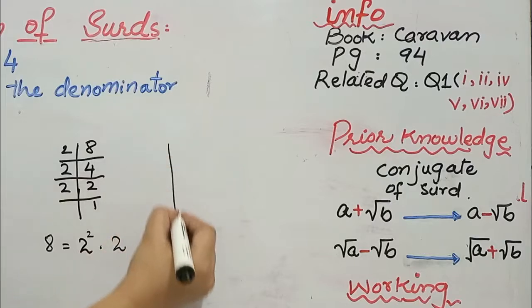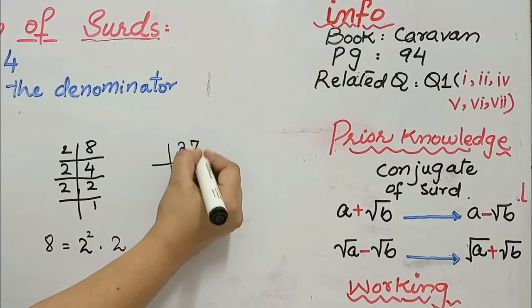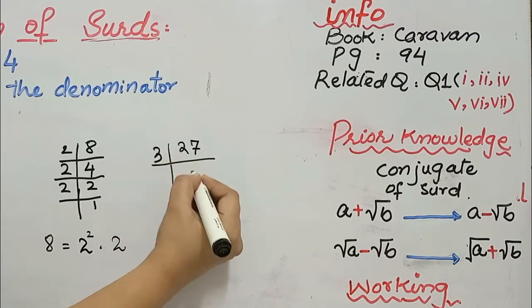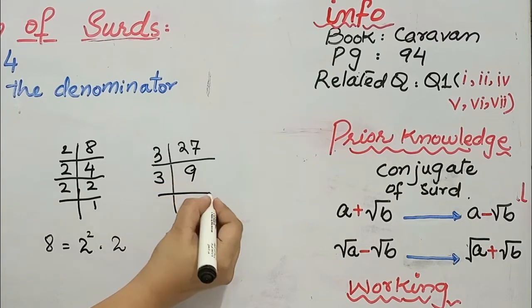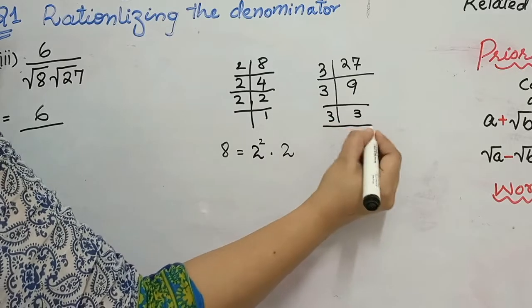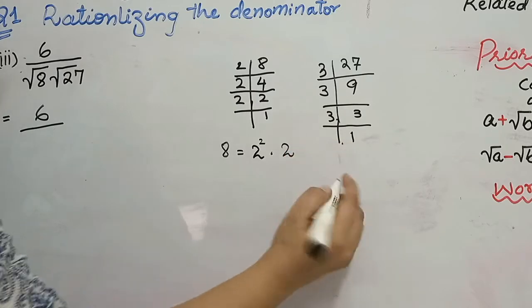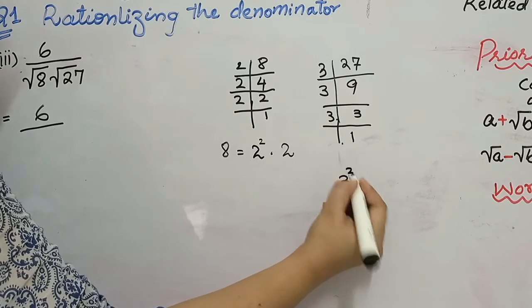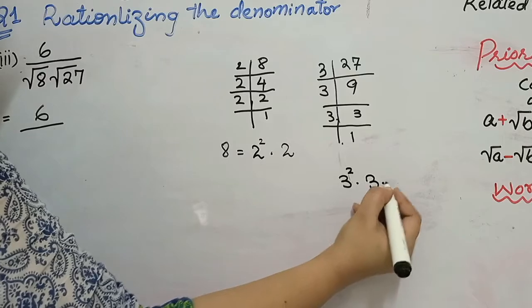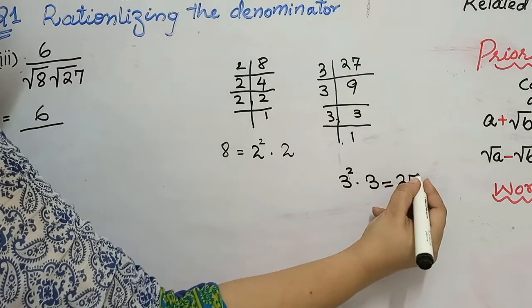And 27 is 3 9s, 3 1s. So it will be 3 square into 3, which is equal to 27.